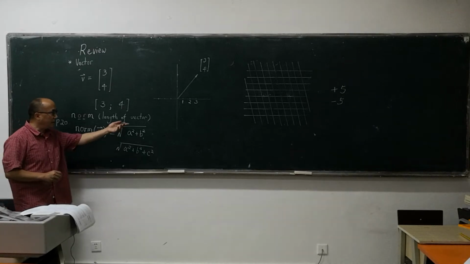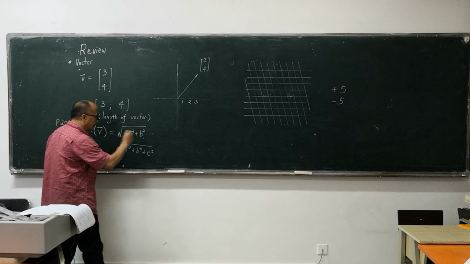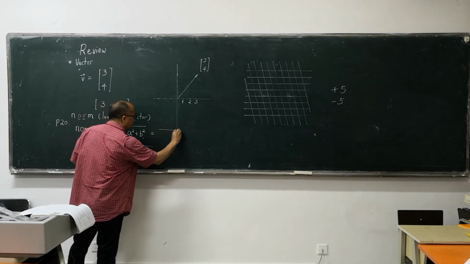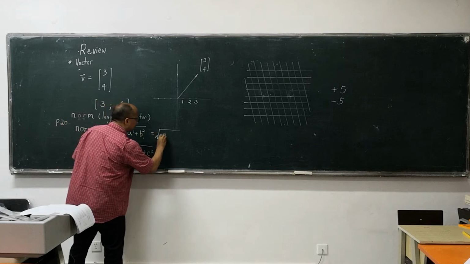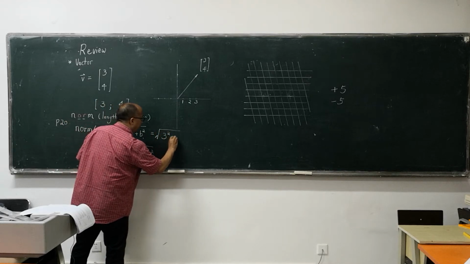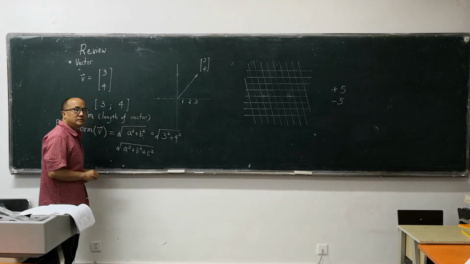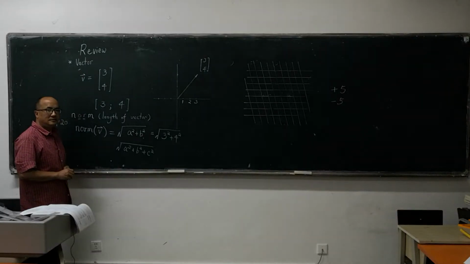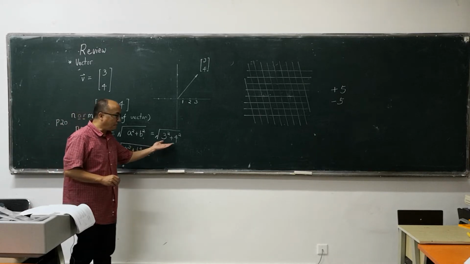Now, plug in this vector: 3 squared plus 4 squared. I don't want to spend the time for this.